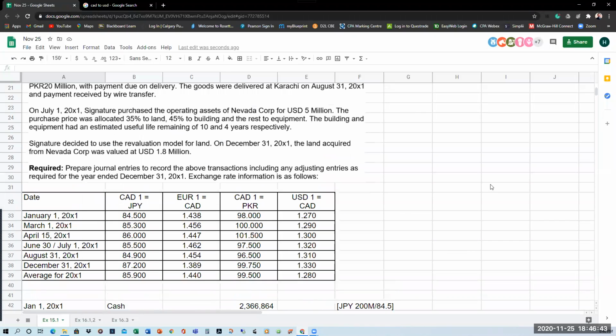Now, on December 31st, the land is valued at 1.8 million US dollars. Now, that 1.8 million US dollars in equivalent Canadian, when you're doing the conversion on December 31st, the equivalent Canadian dollar rate is 1.33. 1 US dollar is equal to 1.33 Canadian as of December 31st, 2001.